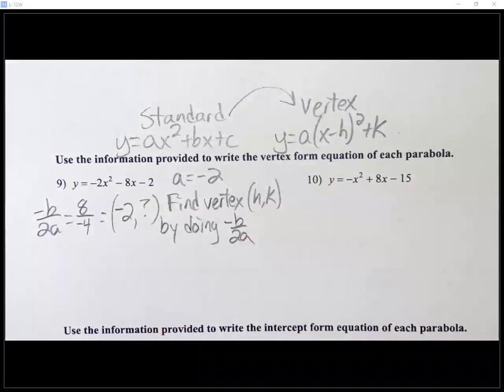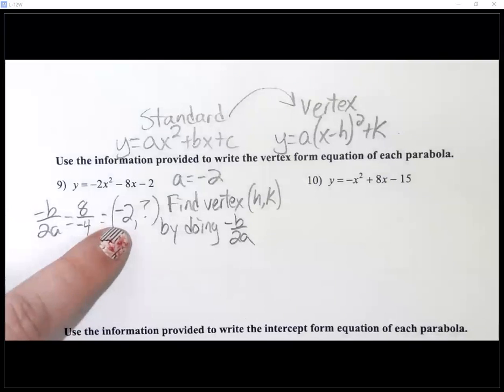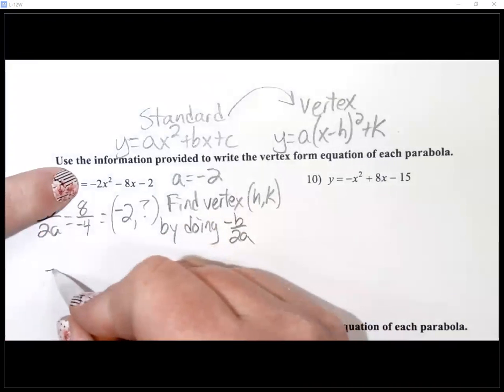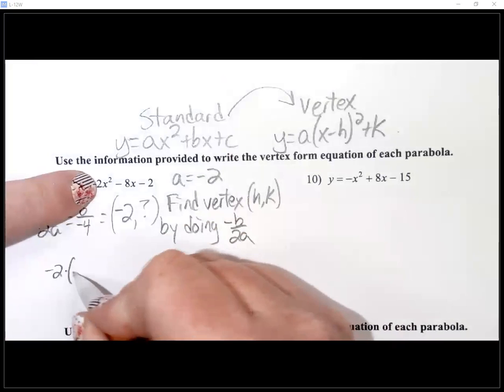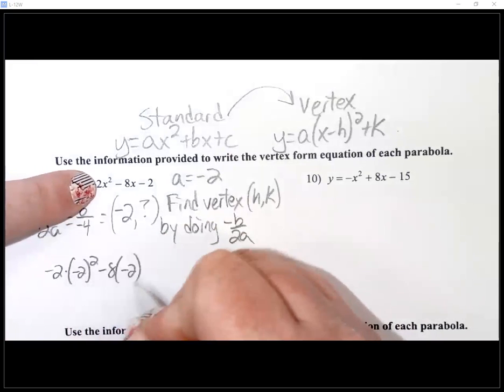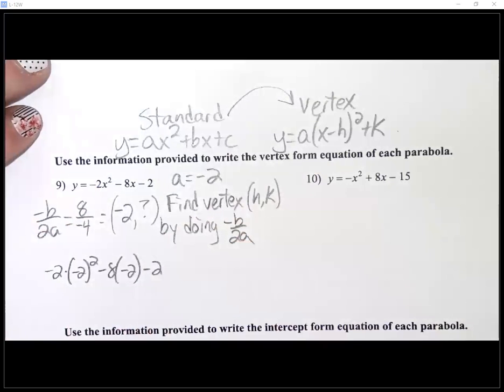You plug the -2 in for x back into the equation and just see what comes out. So we're going to do -2 times (-2) squared minus 8 times the -2 minus 2. Lots of 2's in this. Now just make sure you evaluate the right way.